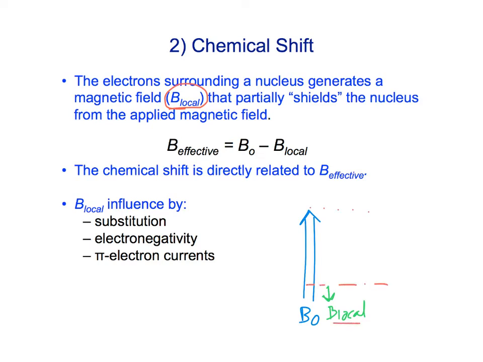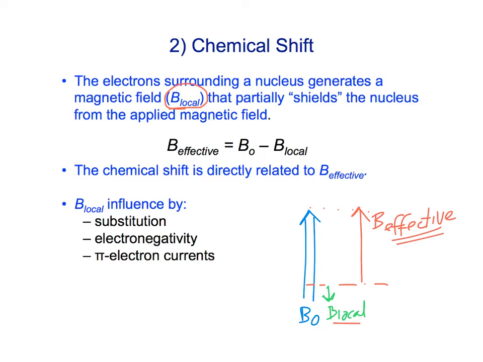So this B local effectively blocks or shields the nucleus from the full extent of the applied magnetic field. Okay? So we would have some smaller amount here. We could call this B effective.